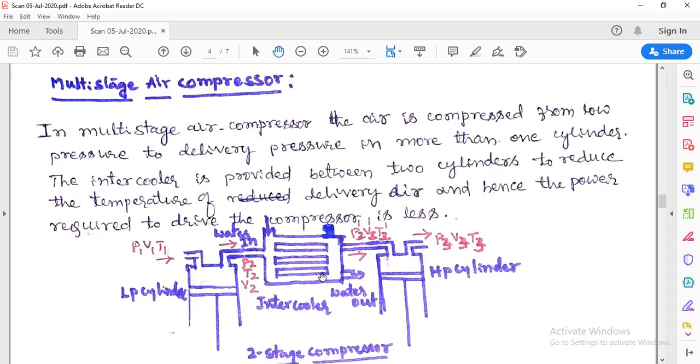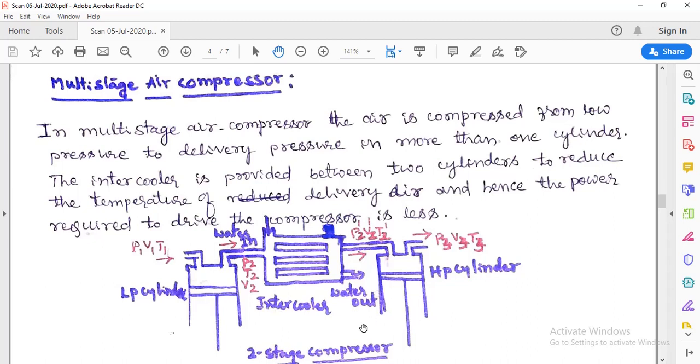where its temperature will be reduced to the initial temperature at constant pressure, so that its volume will be decreased. So at the less volume and pressure 6 bar, it enters the HP cylinder, where the pressure is increased from 6 bar to 11 bar with less work done, because the volume of the air before it enters the cylinder is already reduced, say around 3 kilowatt.